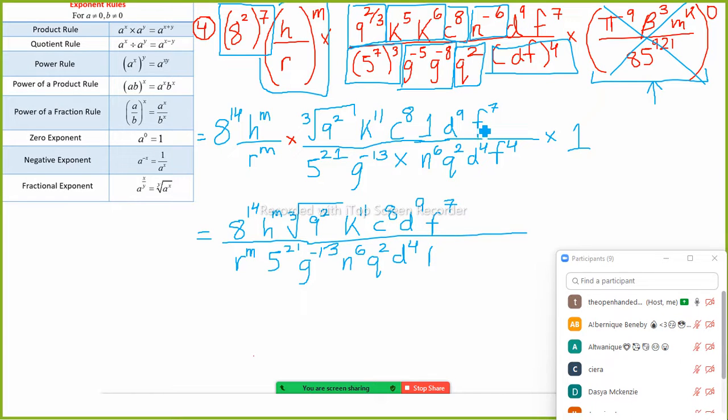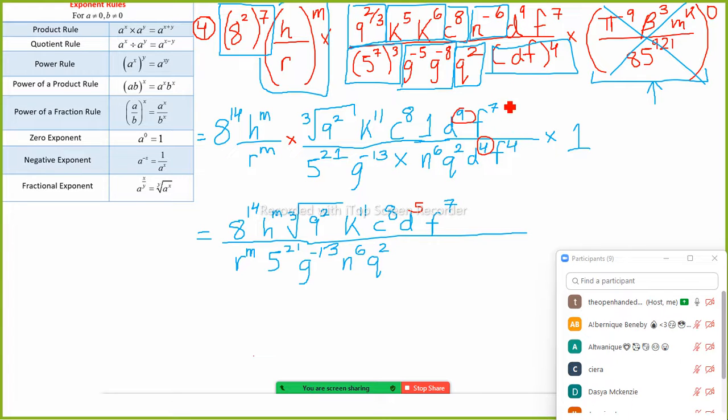You know, we didn't simplify these ones. So d to the 9th and d to the 4th, that's going to be 9 minus 4, which is 5. So let's change that. That's going to be the 5th power, because 9 minus 4 is 5.